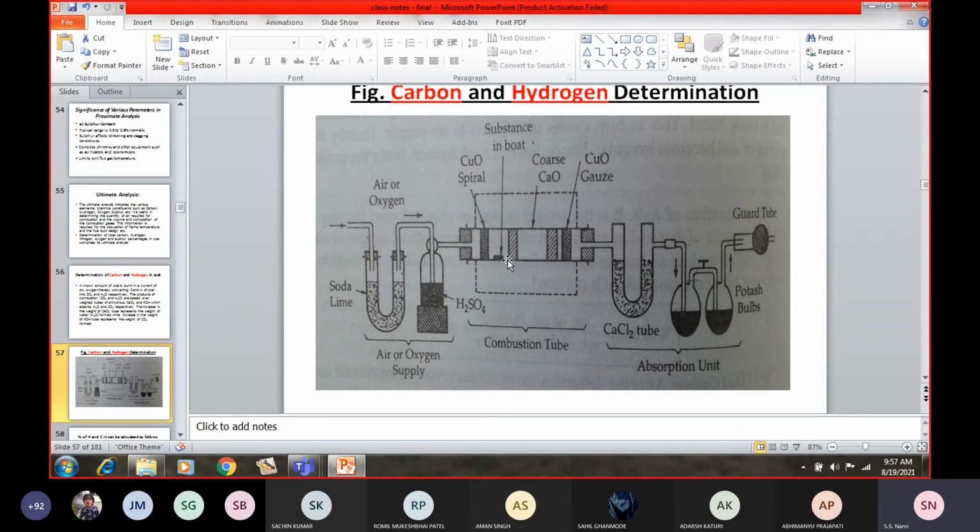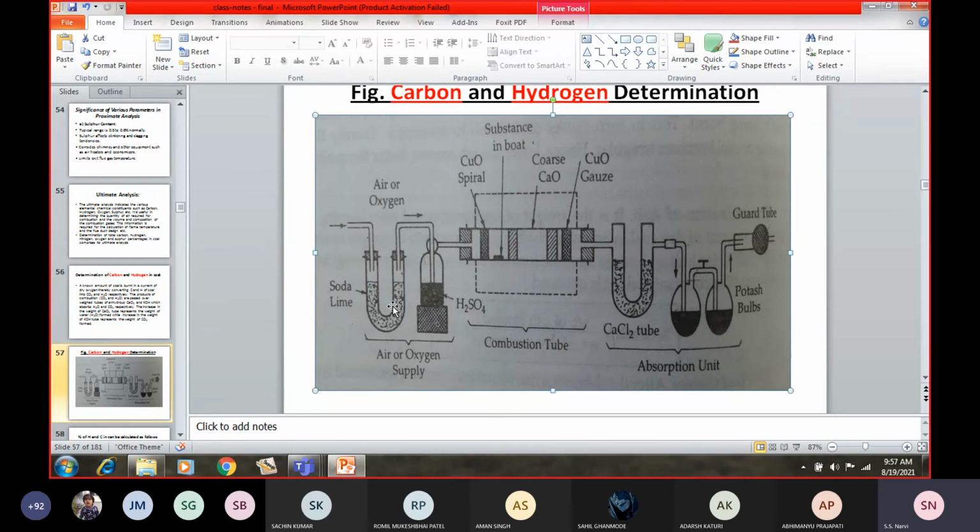Now you have put a known amount of sample in the tubular furnace, and you heat it at 900 degrees centigrade. So what will happen? The combustion is required. Combustion of coal will take place. Now, for combustion, oxygen is required, but the products of combustion are carbon dioxide and water.